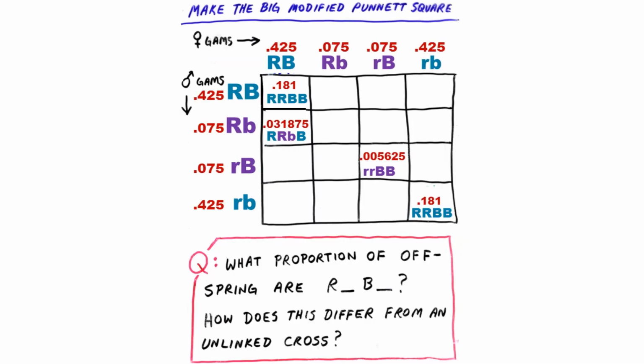And remember, the question that we asked was, what are the proportion of phenotypes? So you've got to look which ones are going to show the dominant for R and the dominant for B, or the dominant for R and the recessive for B, and so on. So one aspect of that question is what I've got below here. What proportion of the offspring are big R, anything else, big B, anything else? In other words, typically we'd expect 9/16 of them to be that.